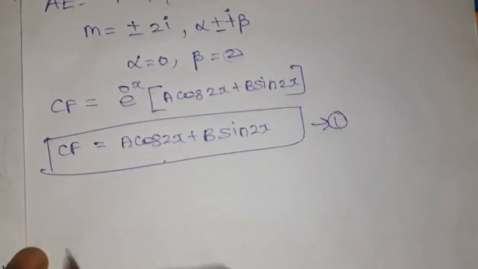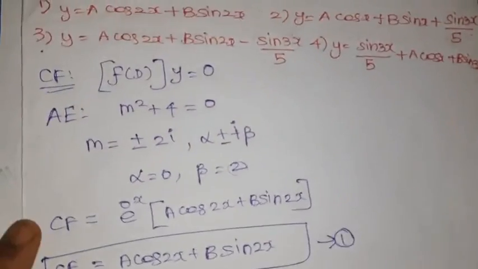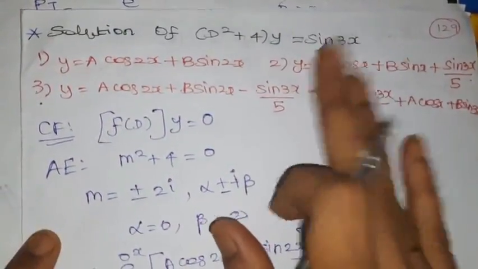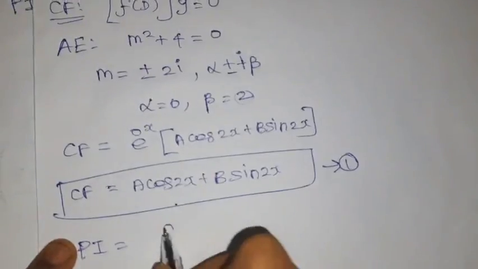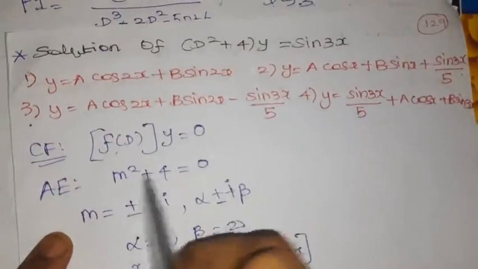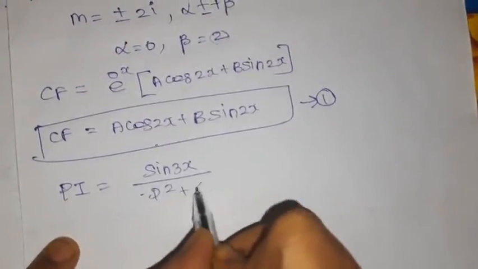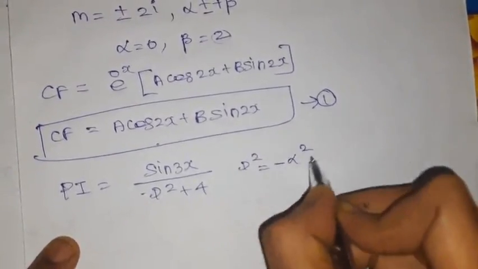Then, we need to find out the particular integral. So, to find out the particular integral, we need to use the RHS. See, the RHS is of type sine function, sin 3x divided by f of D, nothing but D squared plus 4. Whenever sine function comes, we need to replace D squared equal to minus alpha squared.